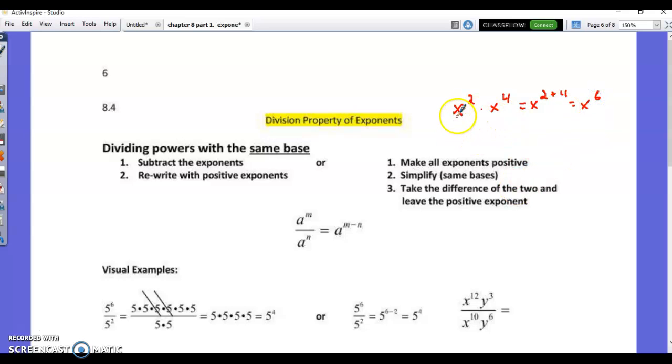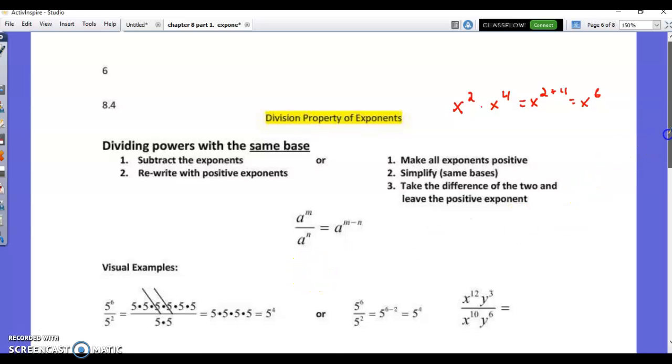So I always like to think, what's the opposite of multiplication? Well, division, or the inverse of it. So all we're doing with division, and I have a couple examples here, but I'm only going to focus on one, is we take the top exponent and we subtract the bottom exponent, as long as the bases are the same, right? Because it's kind of like terms.